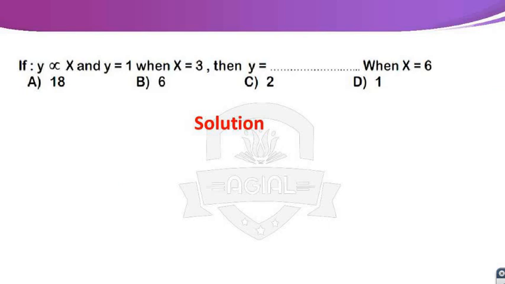Another example. If y varies directly as x and y equals 1 when x equals 3, then y equals what when x equals 6?